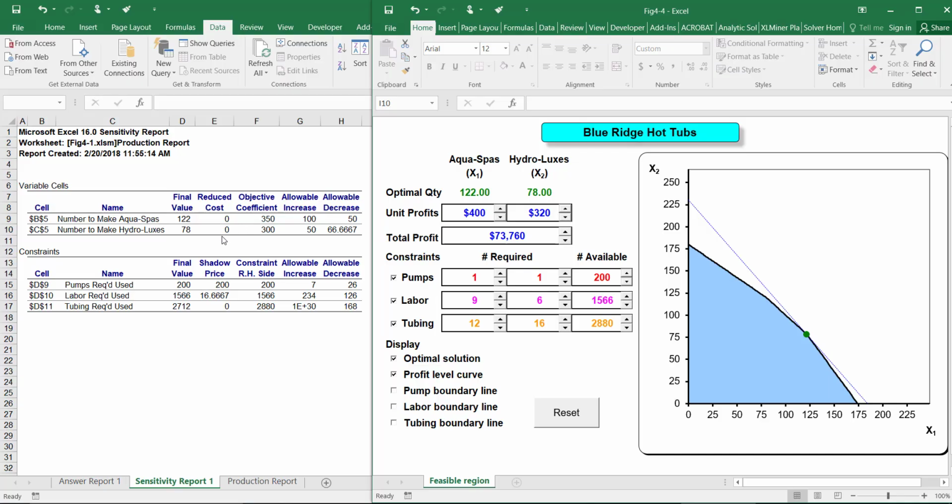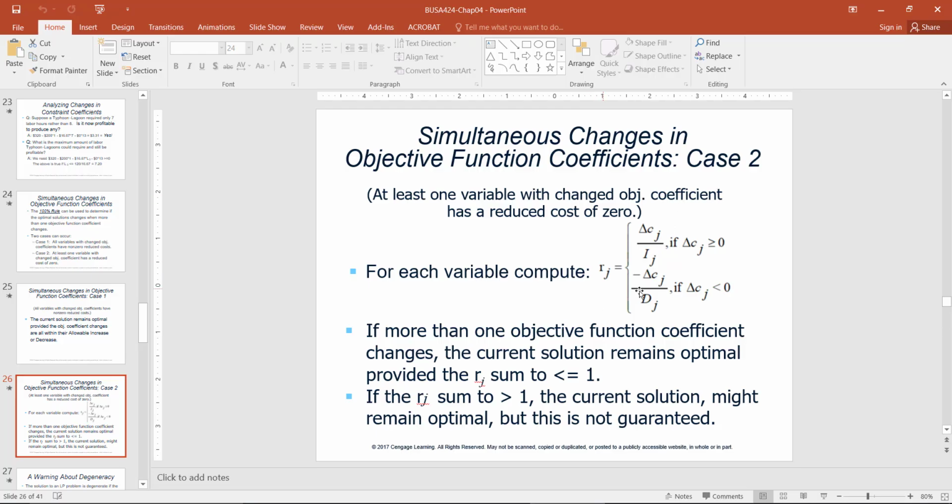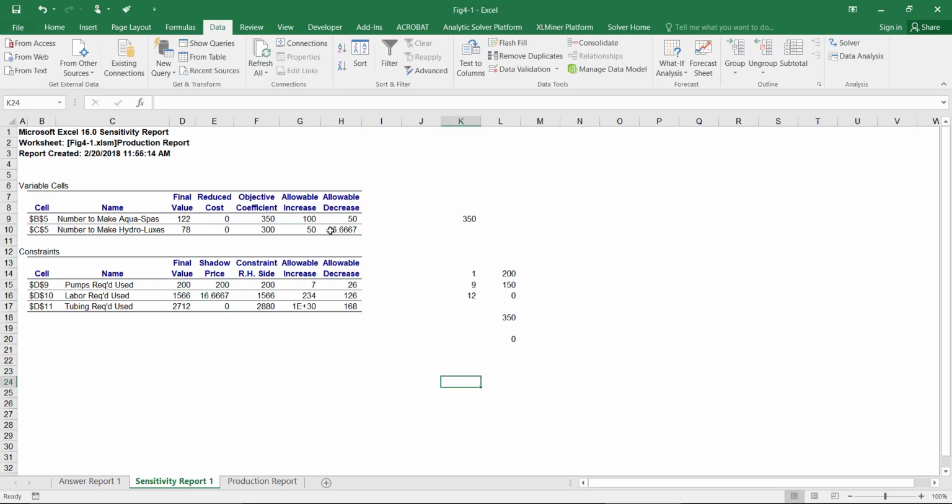But whenever I have a non-zero reduced cost, then the situation is going to be a little different. In that case, we have to compute this equation. Ij here represents the values that I'm allowed to increase, like the one that we had here. This is 100 for this parameter.